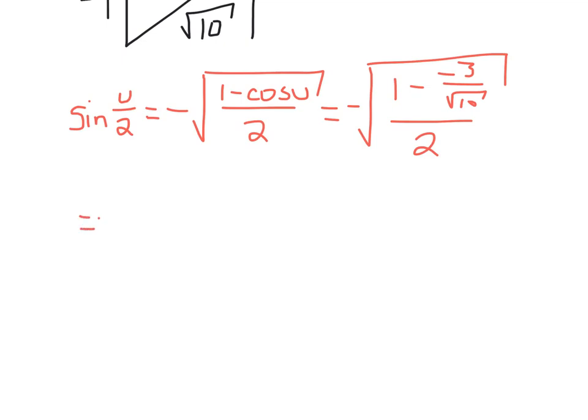So then we have a negative square root of, right, I'll try to simplify this. I got a common denominator there of the square root of 10. And that's still all over 2.